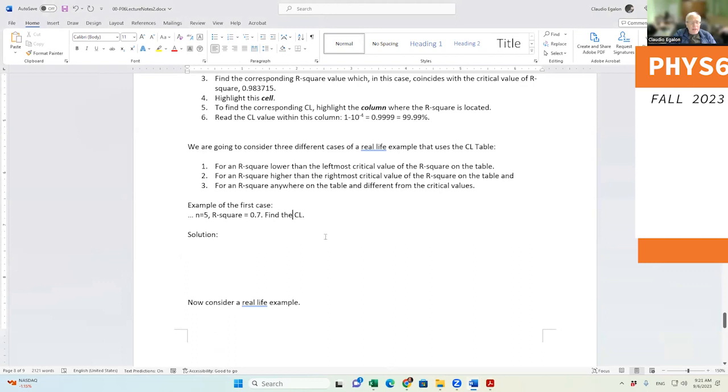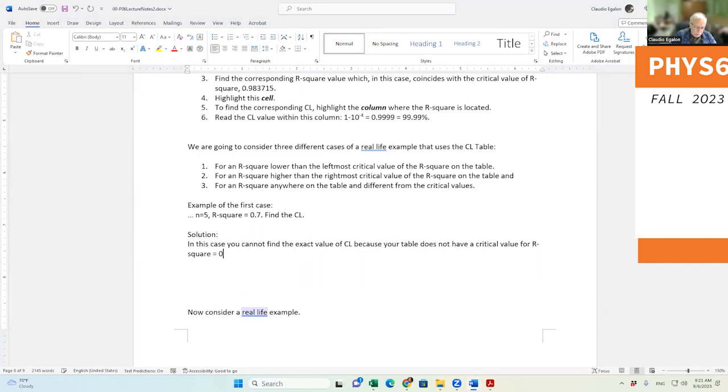You cannot find the exact value of CL because your table does not have a critical value for R squared equal to 0.7.